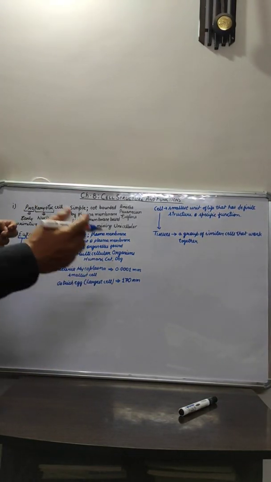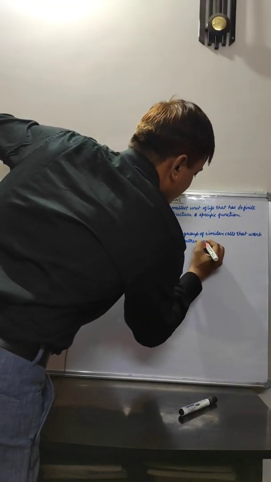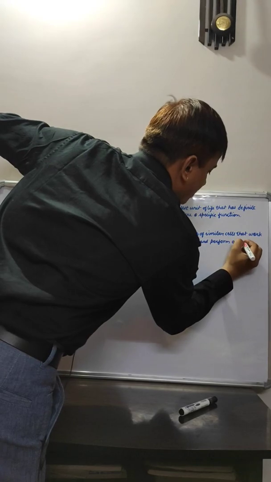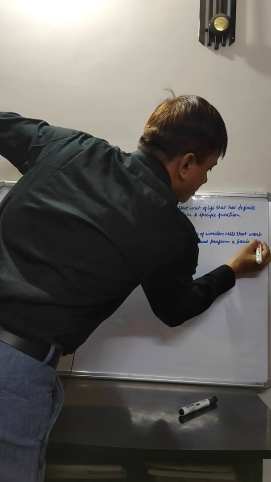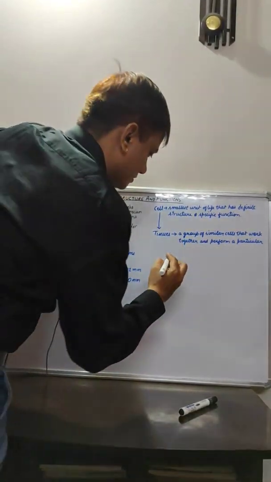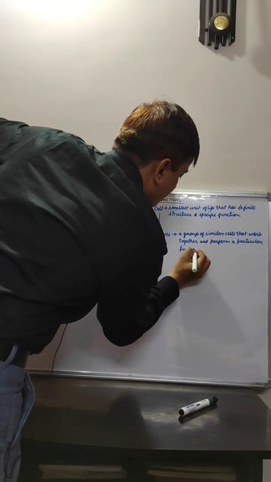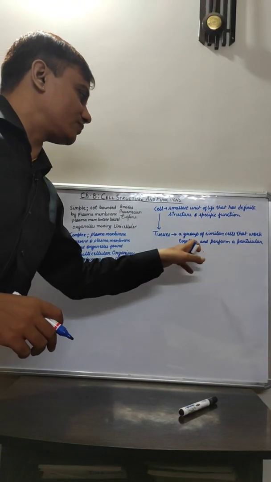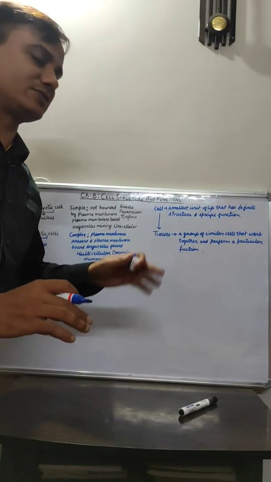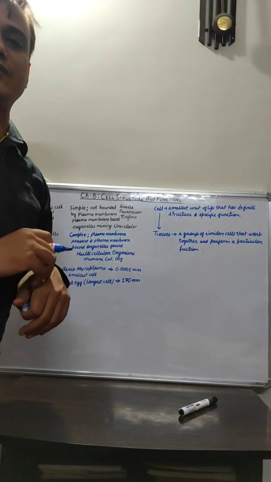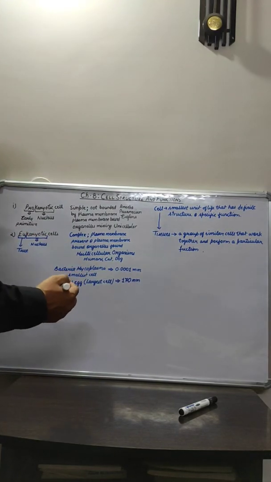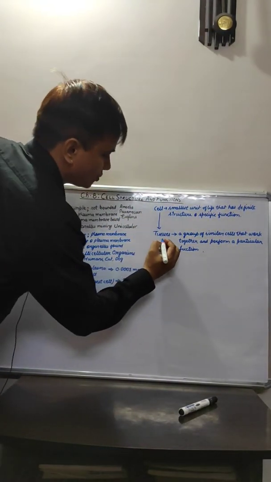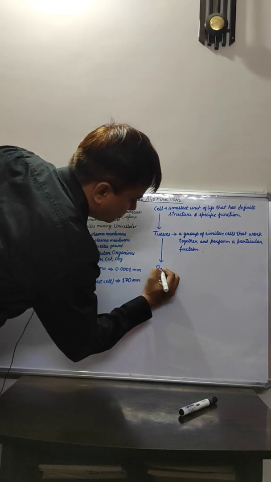So yes, they are, and perform a particular function, right? Okay, so that is tissues. A group of similar cells that work together and perform a particular function is termed a tissue. Now skin is a kind of tissue that we have, right? Now from cells, tissues originated. From tissues, what has originated? Organ.